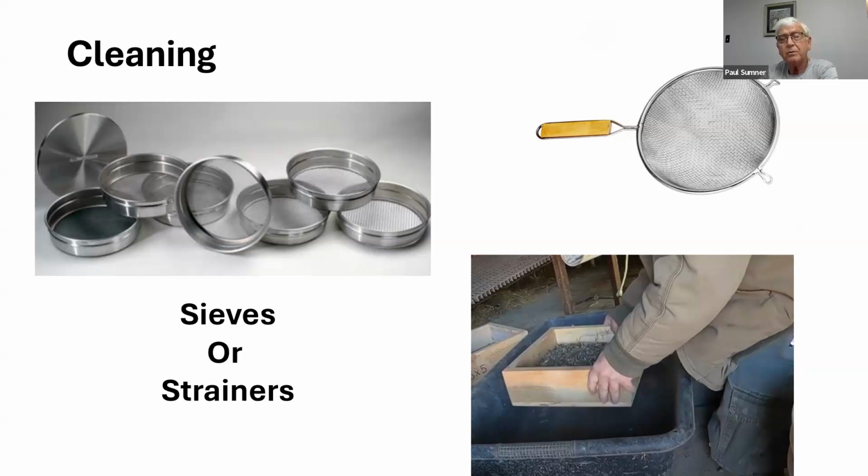This is a commercial seed production, and he has the sieves made into a box, and he shakes them out. But anyway, using the strainers in your kitchen is a way to help you clean your seed to get the loose part of it. And there's nothing wrong with planting seed that has some debris in it.